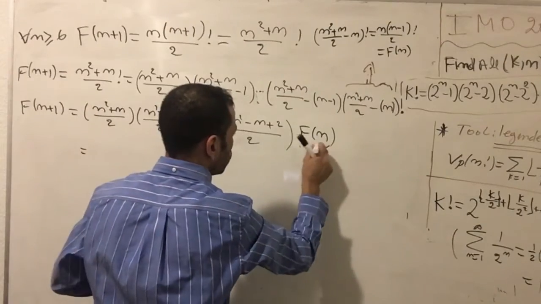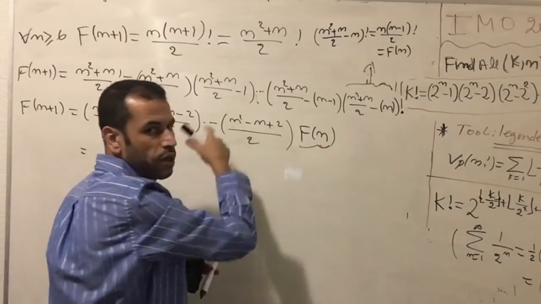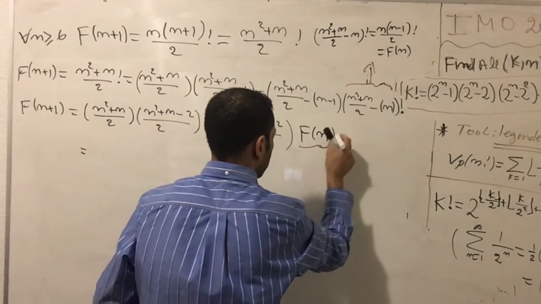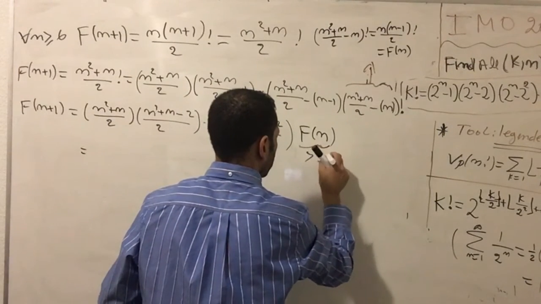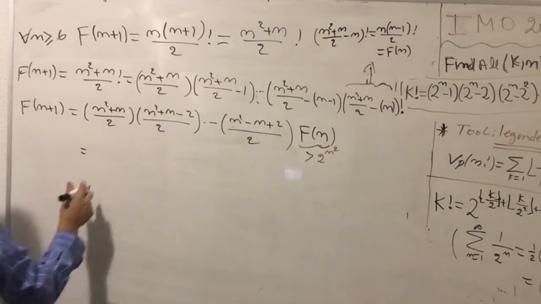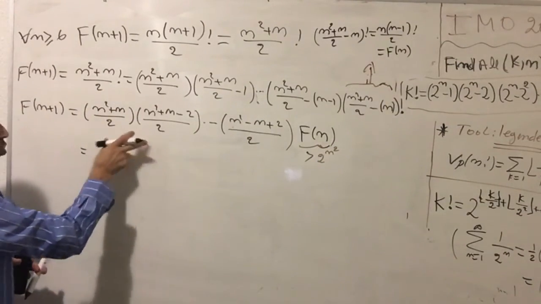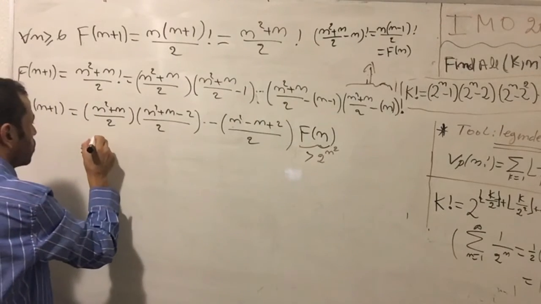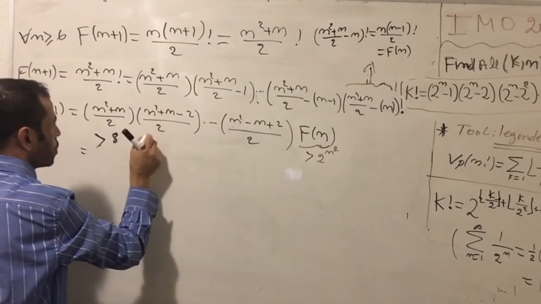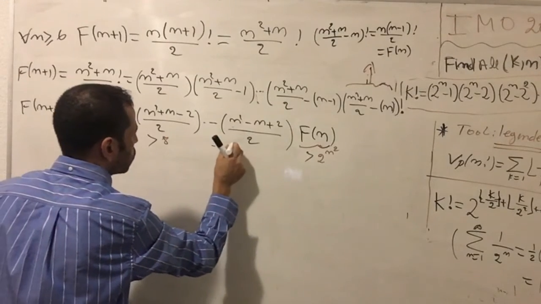We already proved f of n as an induction claim: f of n is bigger than 2 to the n squared. Okay? So now each of these terms is bigger than 8, and so on.